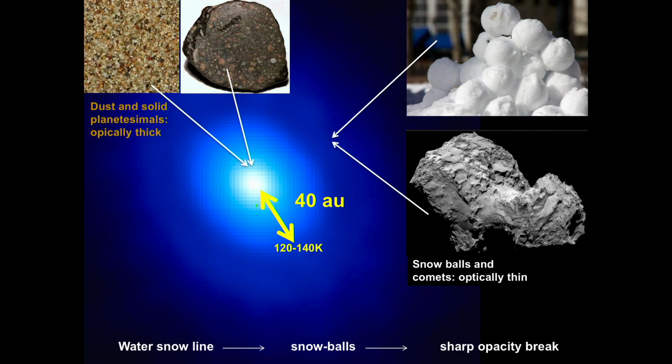And therefore, the interpretation is that in the inner disk, you have dust and solid planetesimals that are very optically thick. And in the outer disk, the solids are dominated by snowballs and comets that have much lower opacities, and the disk becomes optically thin very quickly.